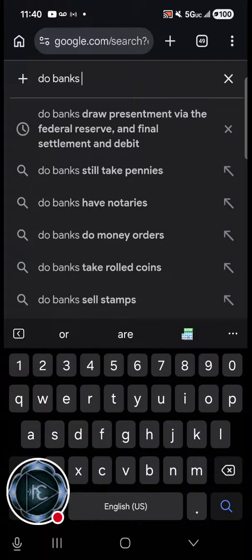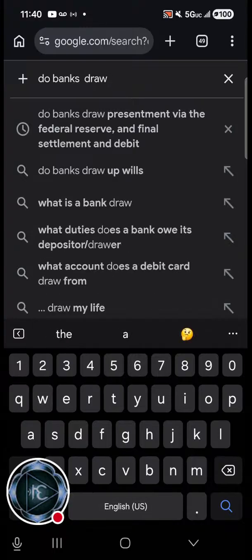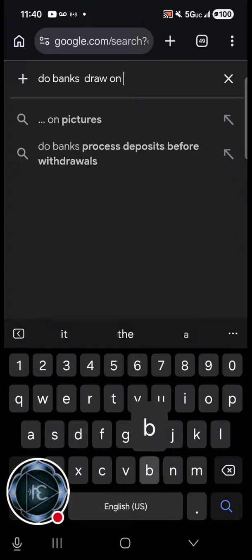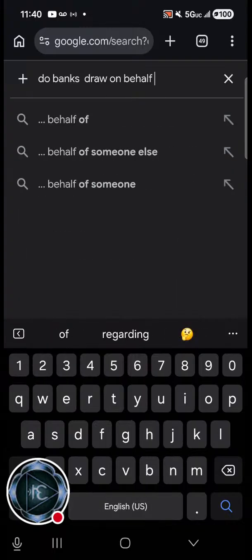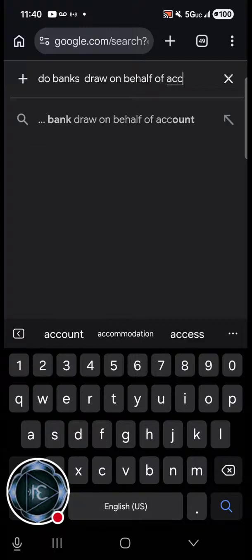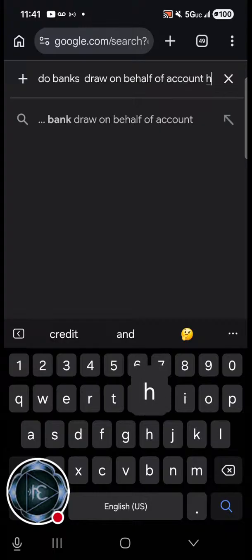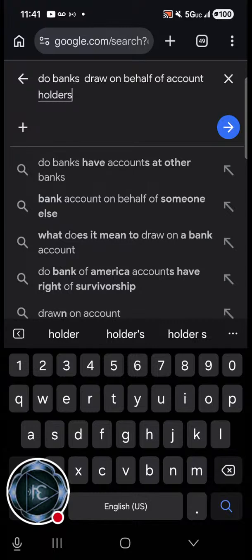Do banks draw on behalf of account holders? Okay, that was my original question.